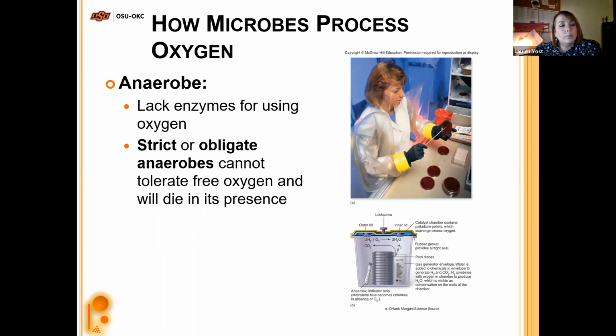All right. So anaerobes, here we go. Anaerobes, the ones that cannot aero, they lack enzymes for using oxygen. So they would die in the presence of oxygen. Strict or obligate anaerobes cannot tolerate oxygen.